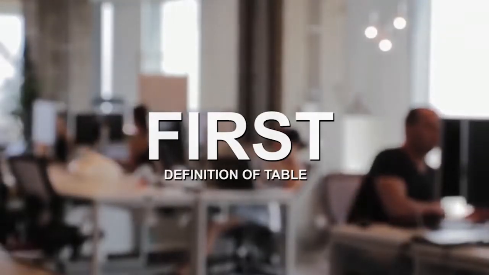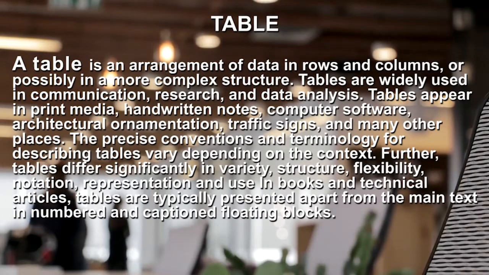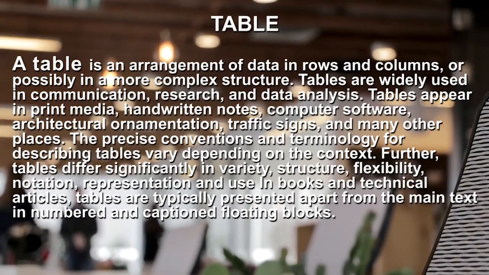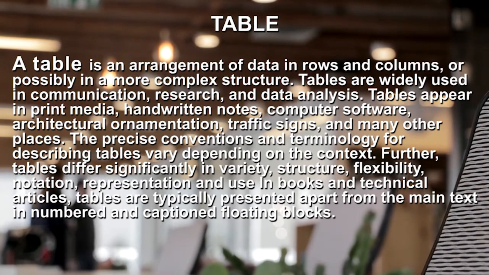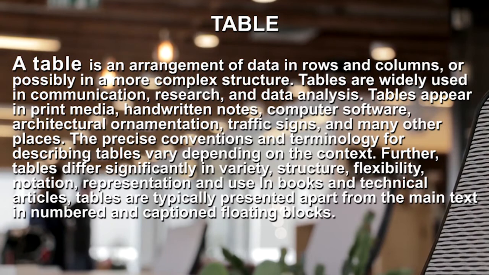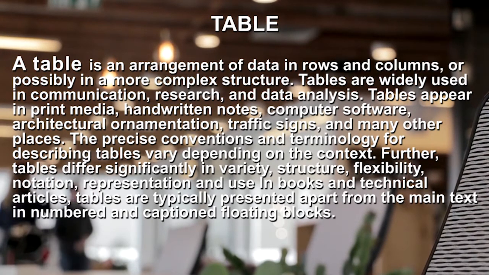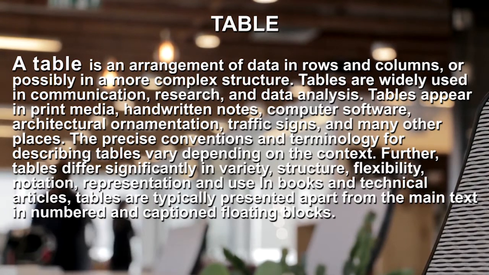First, definition of table. A table is an arrangement of data in rows and columns, or possibly in a more complex structure. Tables are widely used in communication, research, and data analysis. Tables appear in print media, handwritten notes, computer software, architectural ornamentation, traffic signs, and many other places.